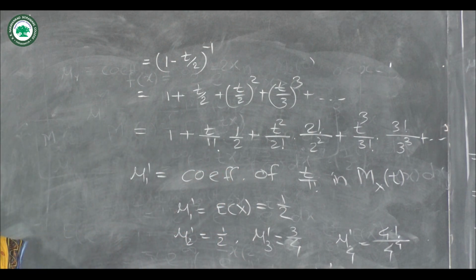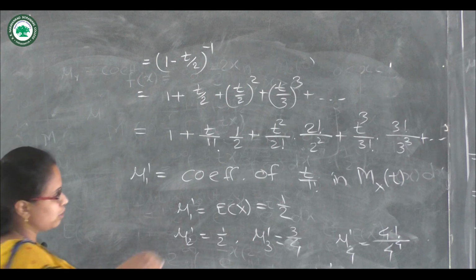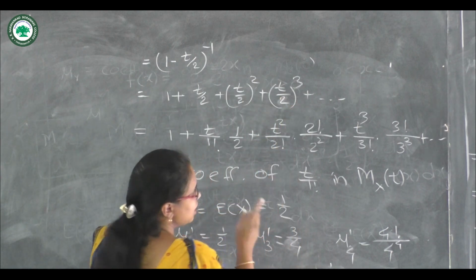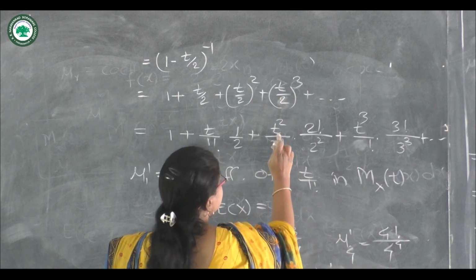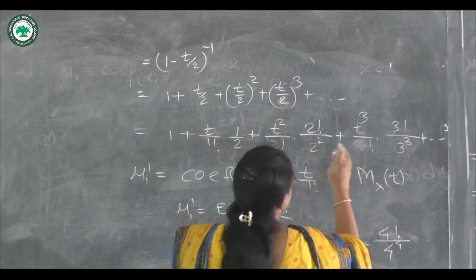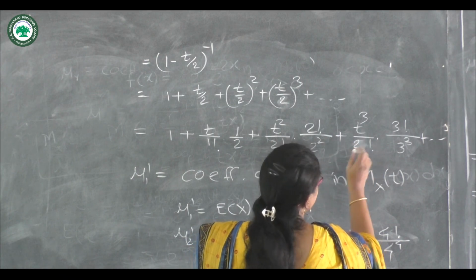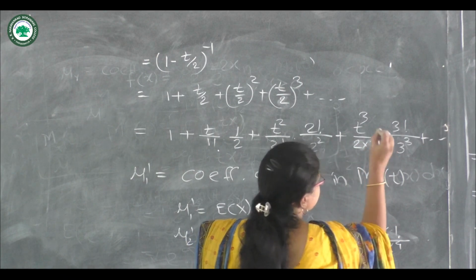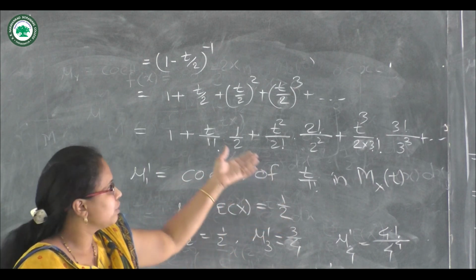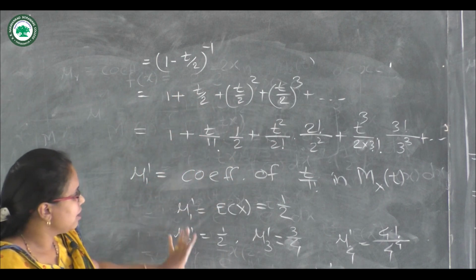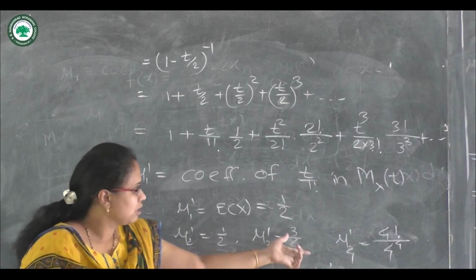In this way we can calculate it. Sorry, here I had taken t upon 3, that's why I was mistaken. It is t upon 2 everywhere. That's why I mistakenly wrote the wrong answer. It is corrected, and here we can find these raw moments.